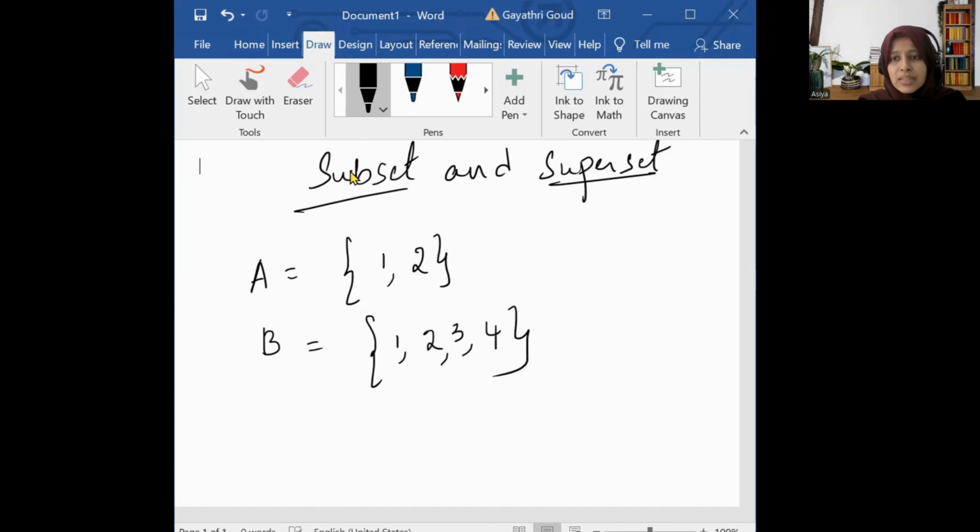If you notice, all the elements of A, that are 1 and 2, are present in set B. Apart from these two elements, there are more elements in the set, right? So basically, the elements of A are present in B. So here A is called the subset. I will write it as A is a subset of B. And I will call B my superset because it contains more elements than the elements of set A. I hope this is clear.